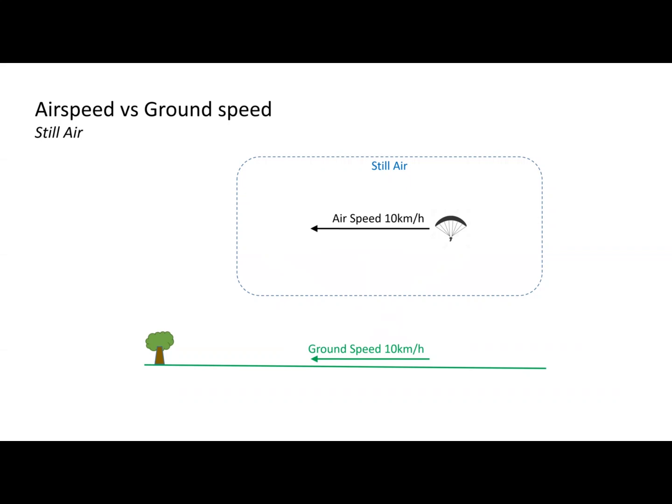Now, in still air, in other words, the air isn't moving at all, so we're flying in this body of air and it's completely still. If we're moving at 10 kilometers an hour over the ground, we're also moving through the air at 10 kilometers an hour. When they talk about airspeed, what they mean is how fast the air is flowing over my wing, which is opposite to the direction you're traveling.